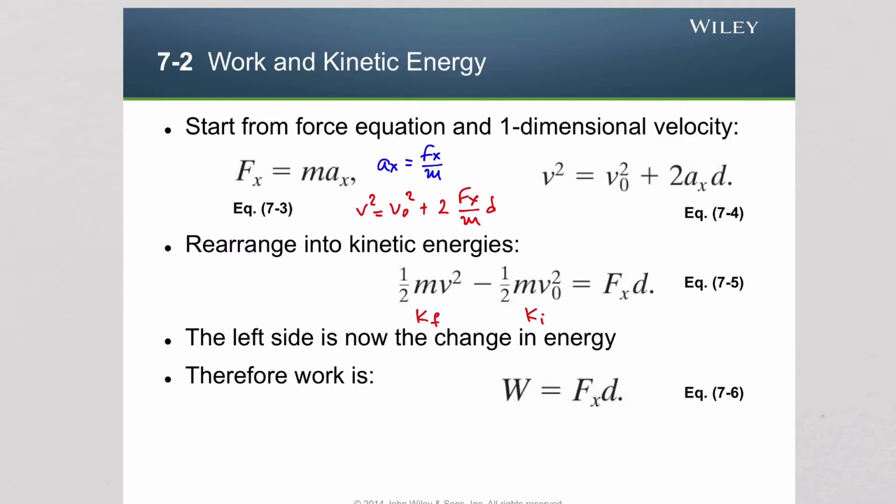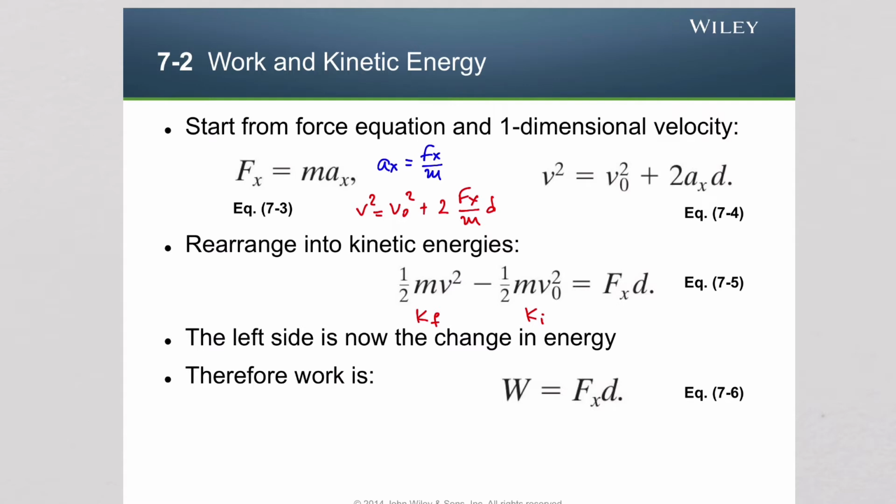and then moving some of the terms around so that I have the product of force and displacement left on the right-hand side and everything else on the left-hand side, I get 1/2 mv squared minus 1/2 mv0 squared is equal to Fx times d. The first term on the left side is the final kinetic energy of the bead. The second term on the left-hand side is the initial kinetic energy of the bead.